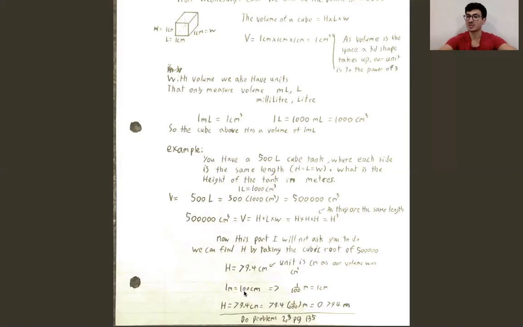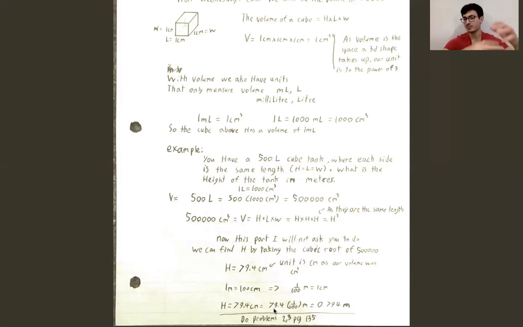And because we do it on the centimeter side, we have to do it on the meter side. So we get 1 divided by 100 meters equals 1 centimeter. Now we can plug in that 1 divided by 100 meters into the 1 centimeter, giving us 79.4 divided by 100 meters, which is going to be 0.794 meters.